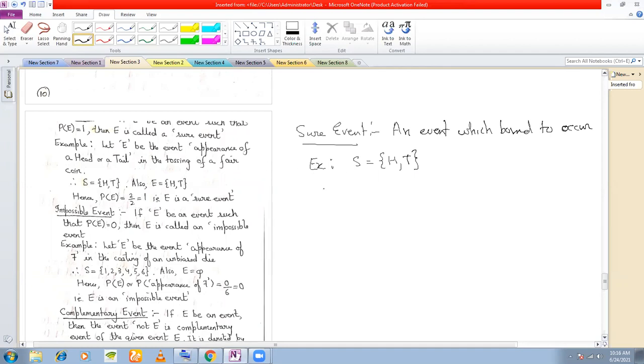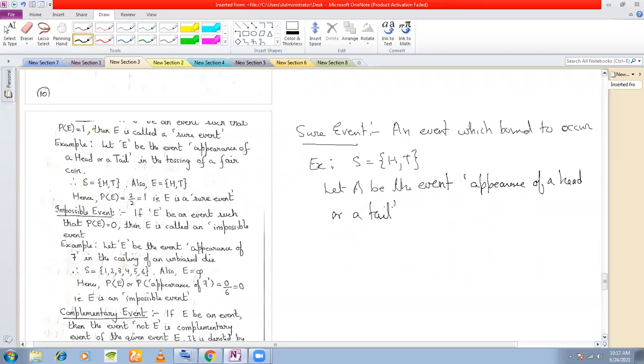On this sample space, if I define the event, let A be the event, appearance of a head or a tail, then what is left? That means you either get a head or a tail, definitely.